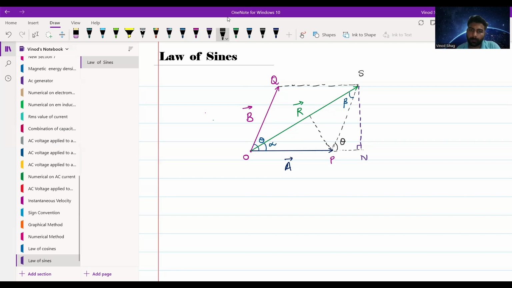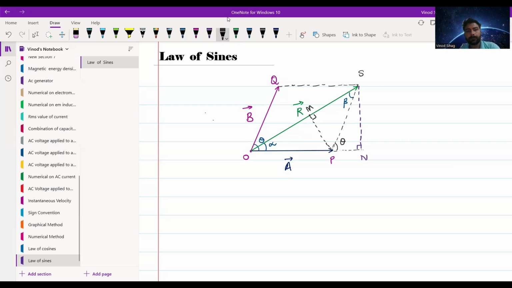And this angle is 90 degrees, and let's say the point is M. The point M is on the resultant vector, which is OS, or the R vector, and it is making an angle of 90 degrees. So MP is the normal on the OS.